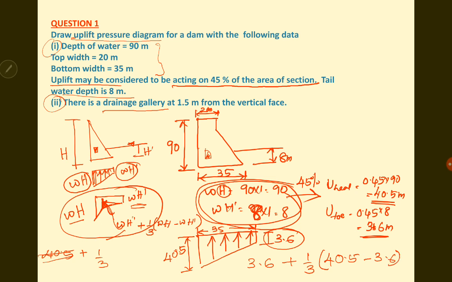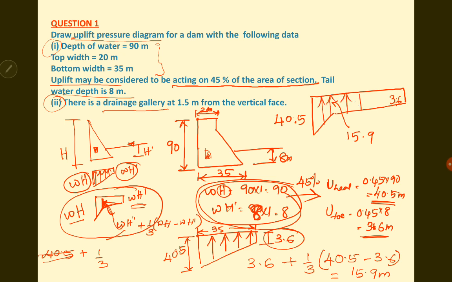So this value will be equal to 15.9 meters. So the uplift pressure diagram will be like this. This will be 40.5 itself, this will be 3.6 itself, but then at the drainage gallery you have an ordinate, and this ordinate value is equal to 15.9. So this is the uplift pressure diagram in case of a dam with a drainage gallery.